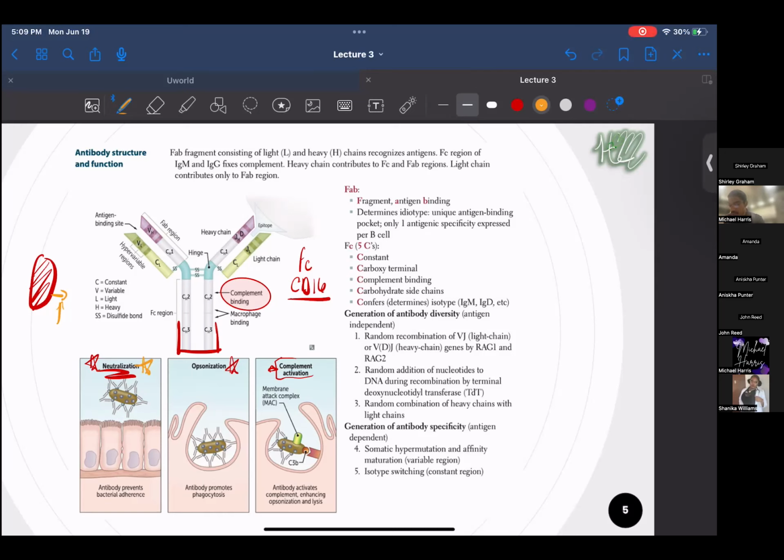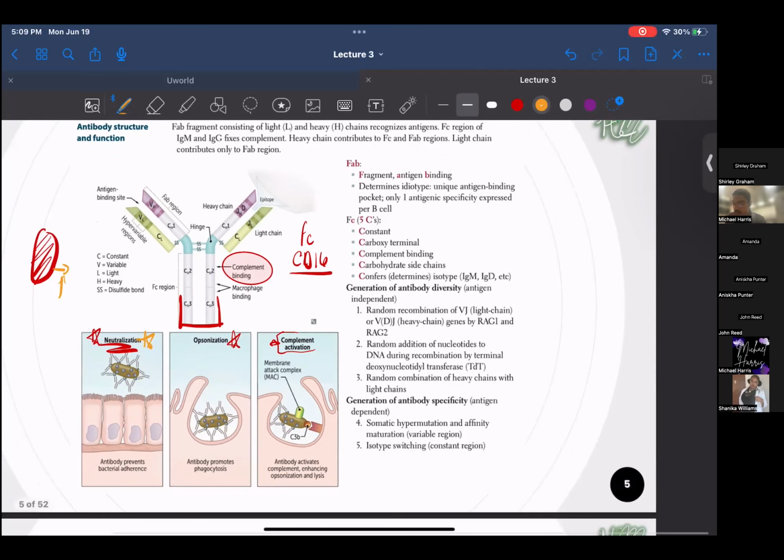There's nothing else I really want to hint on other than the guys that do complement are IgG and IgM. None of the other ones deal with activating complement other than IgG and IgM. IgA doesn't do it. IgE doesn't do it. Okay, it's only these two guys.